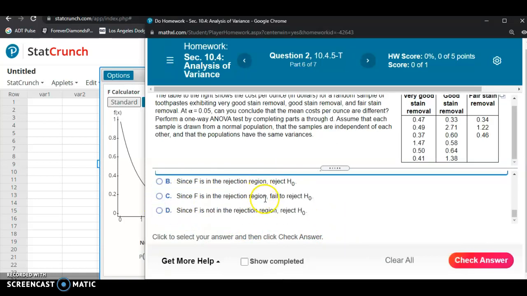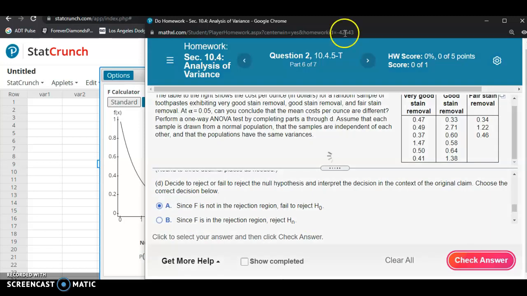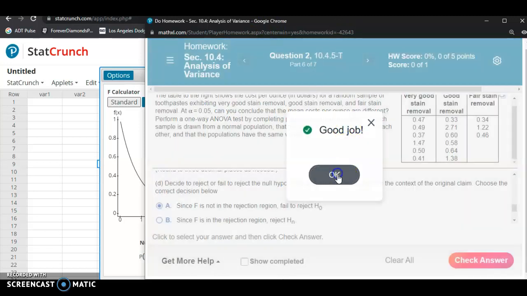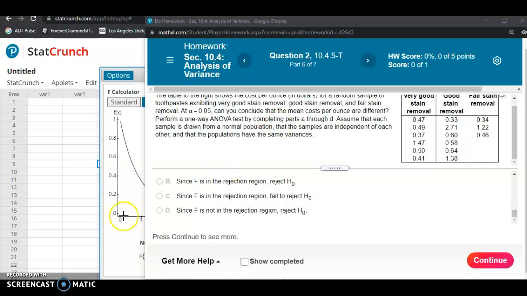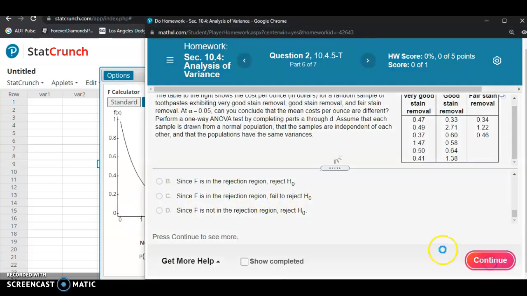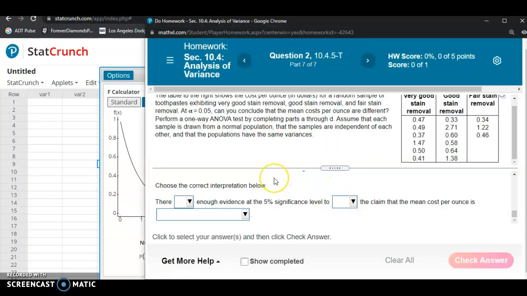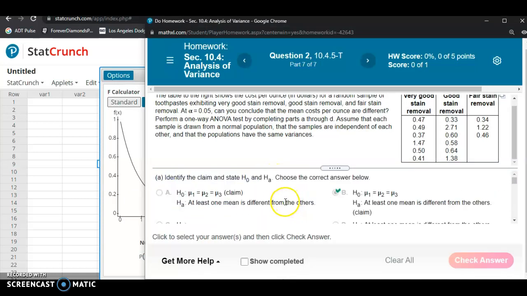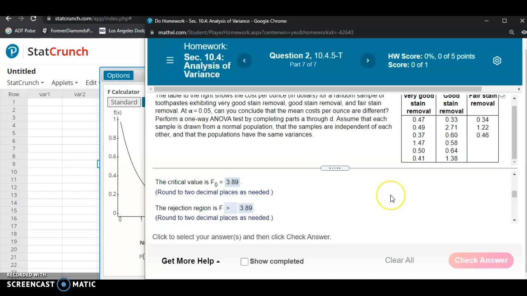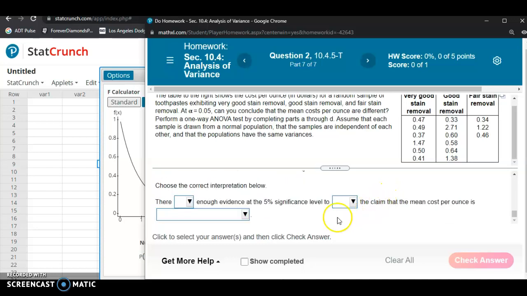Okay, so read the answer choices carefully, select the best one. Because the claim was represented by the alternative hypothesis, and we did not reject the null hypothesis, what that means is that there is not enough evidence at the 5% level of significance to support the claim, because it's given by the alternative hypothesis.